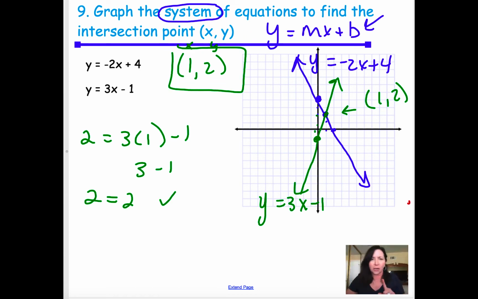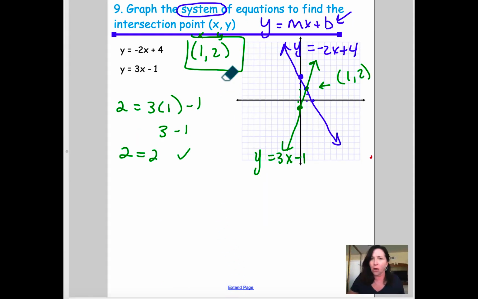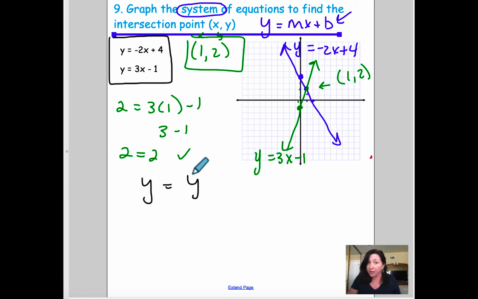I will tell you something else, though. Another way of solving this, not by the graphing method, is what we call the substitution method. See, this is y and that's y. Well, y is going to equal y. So if y is equal to itself, then negative 2x plus 4 is going to equal 3x minus 1, right?